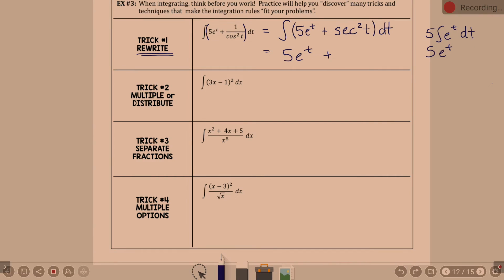The derivative of tangent is secant squared, so the integral or antiderivative of secant squared is tangent t. So the integral or antiderivative is 5e^t plus tangent t plus C.